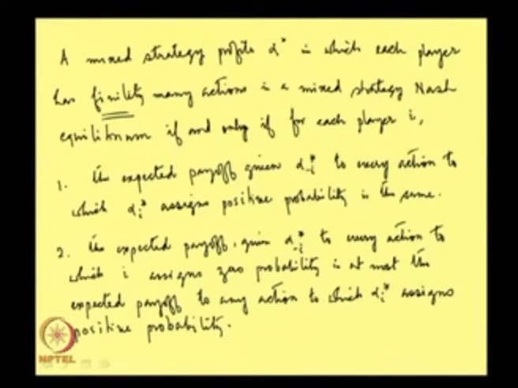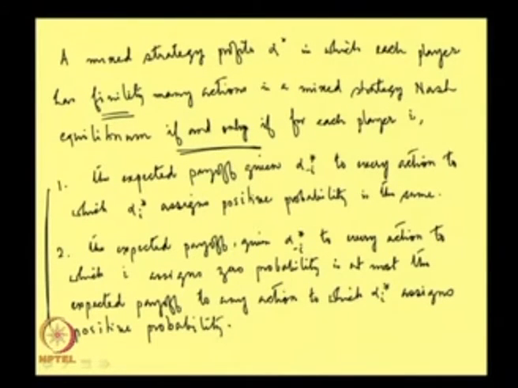So, now what is important is that it is an if and only if kind of statement. So, if there is a mixed Nash equilibrium, then these two conditions must be holding, and that is what we have seen. But what is the proof of the other way? If these two conditions are satisfied, then what is the demonstration that the corresponding alpha star is a Nash equilibrium?